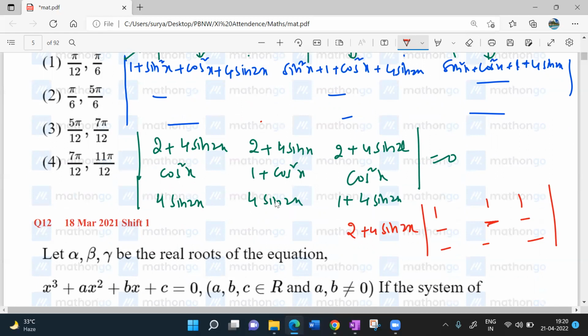Now if you observe this properly, how can I make the remaining row 2 and row 3 fit, so that I can write my x value? Now 2 plus 4 sin 2x, so which x values are going to satisfy here?